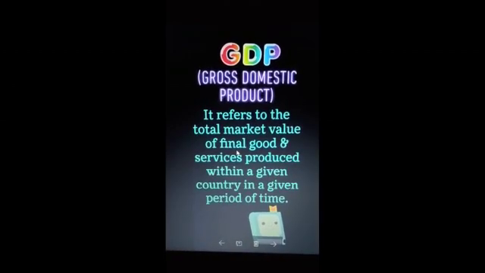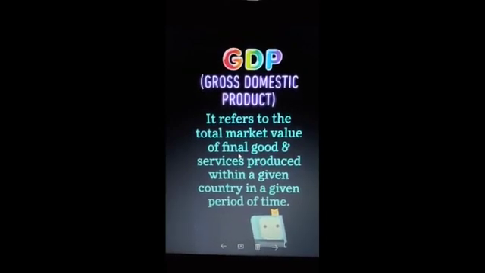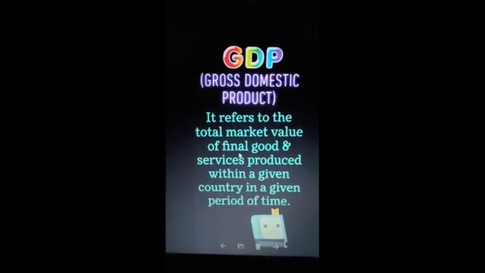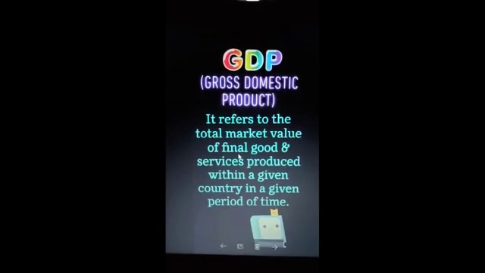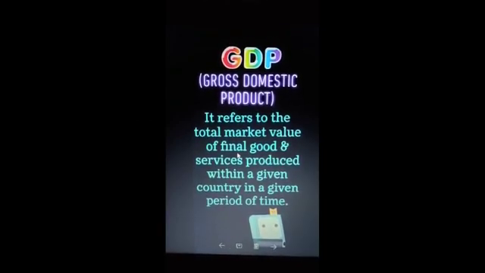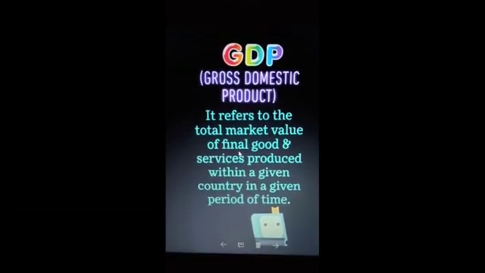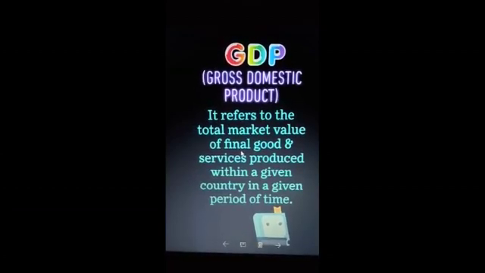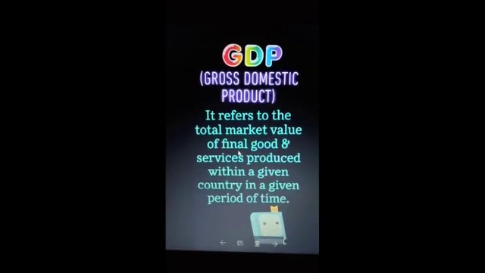Similarly, let's say that in producing a single car, we need the plastic, we need the steering material, we need the tires. All that is the intermediate goods which we need to assemble and make a final good, which is a car. So the value of the car, let's say, is 5 lakh rupees. We will only include the value of the final good, that is of the car, which is 5 lakh rupees.